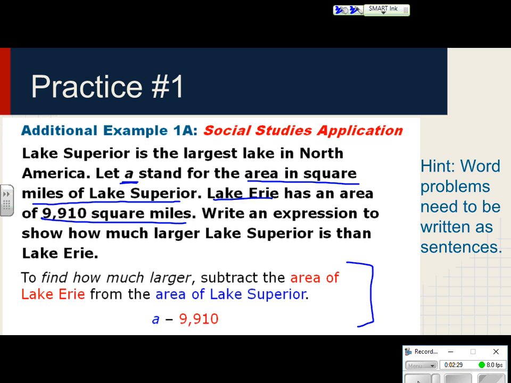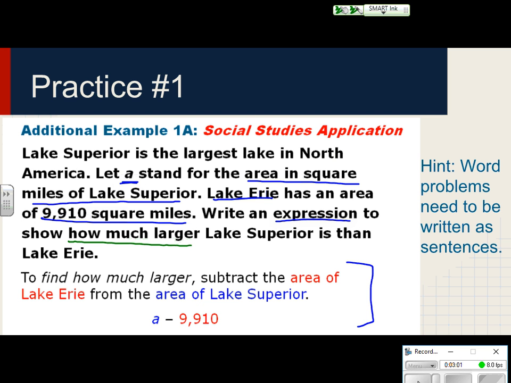So it wants us to write an expression, which means we're not going to have an equal sign, and we're probably going to have a variable and a constant, to show how much larger Lake Superior is than Lake Erie. Now the key to know what kind of operation we're doing is how much larger. How much larger or how much smaller would usually mean that we're dealing with a subtraction problem. So really all you need to write down, like I put in the brackets, is to find how much larger you're going to subtract.